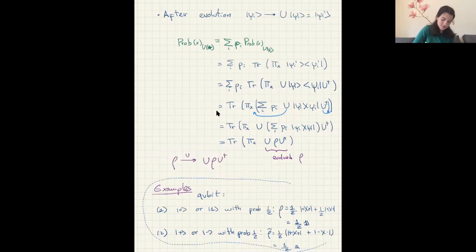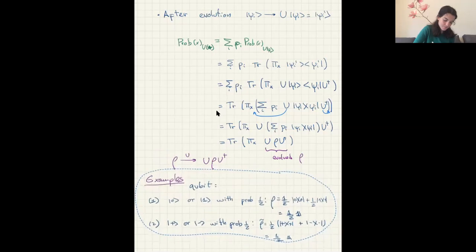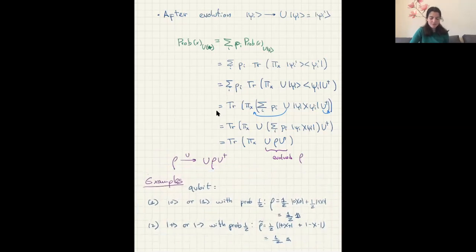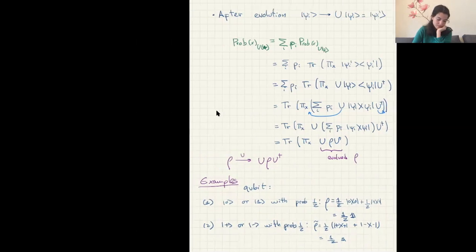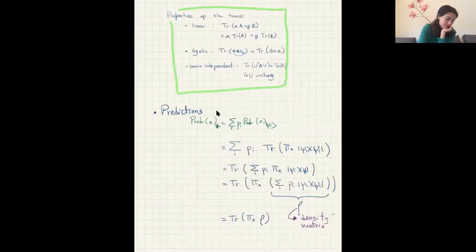Which means that if we make a measurement, the probabilities of the different outcomes are going to be the same in the first situation and in the second situation, because we saw that they only depend on the density operator.